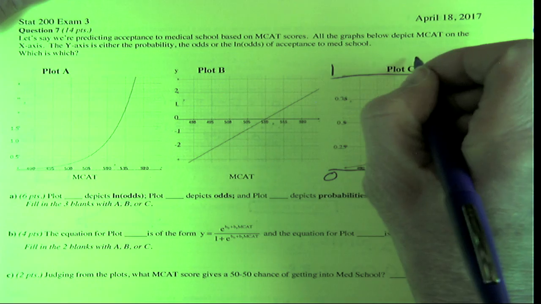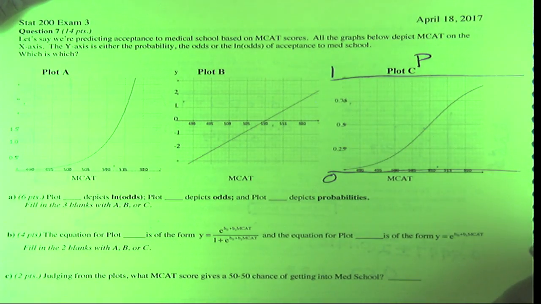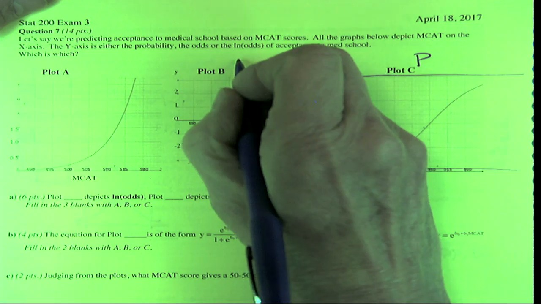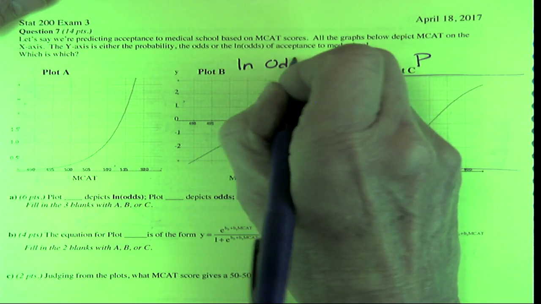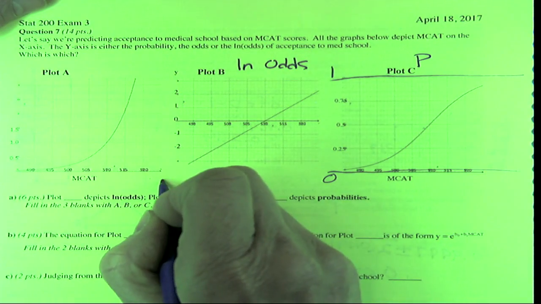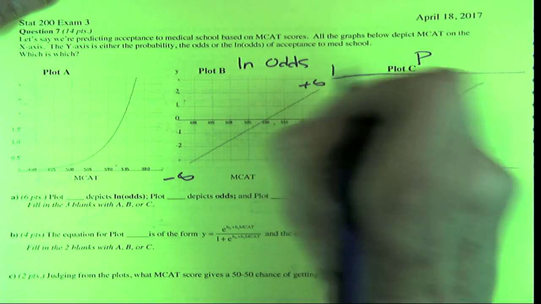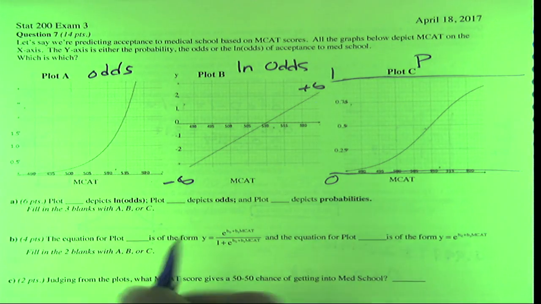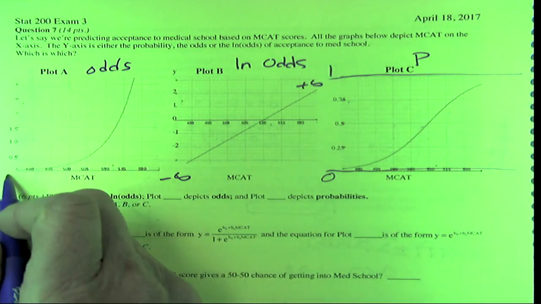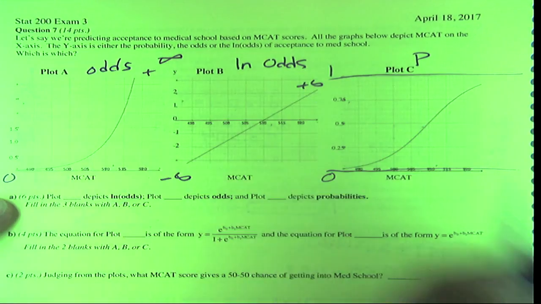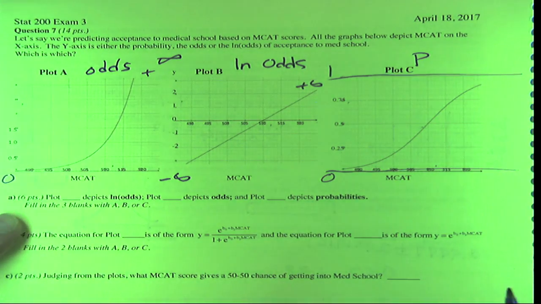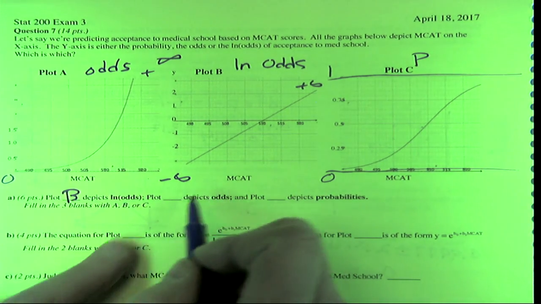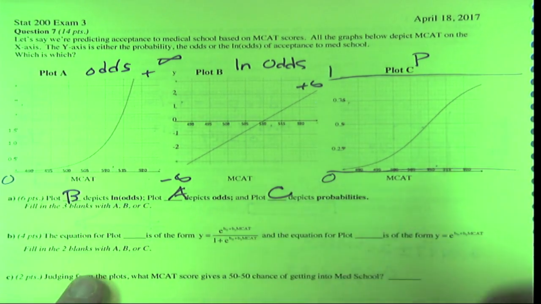This is the probability curve. And this is the log odds. It's just a line, and it goes from -infinity to +infinity. In between, the odds are always positive. They're p over 1 minus p, and they go from 0 to +infinity. So there we have it: plot B, A, and C.